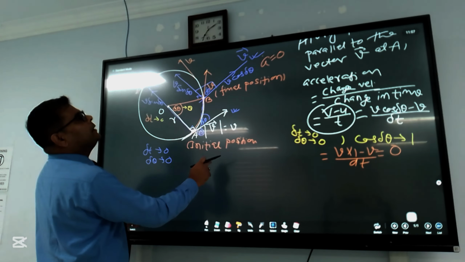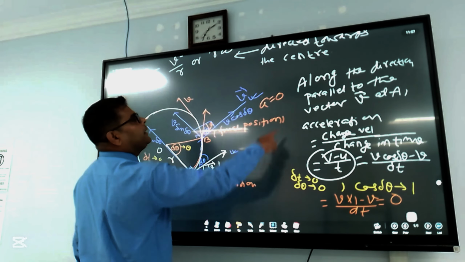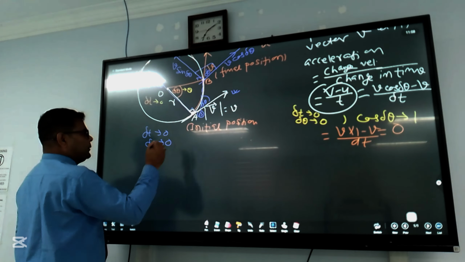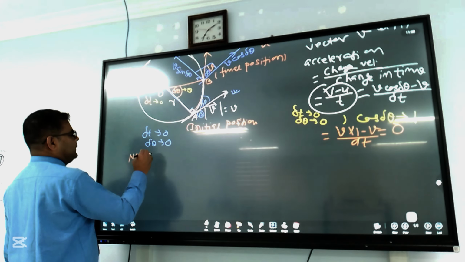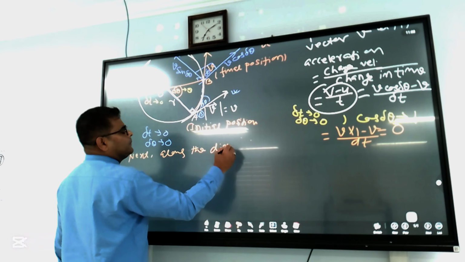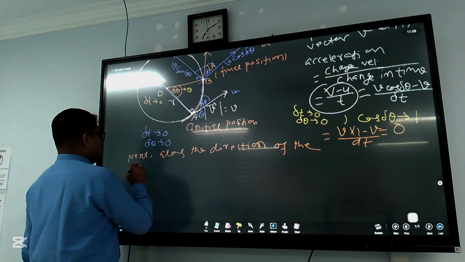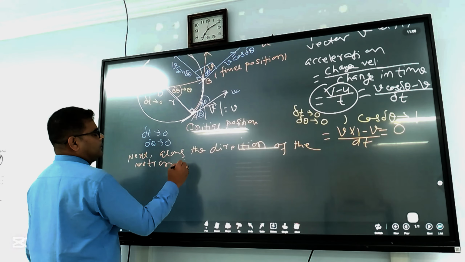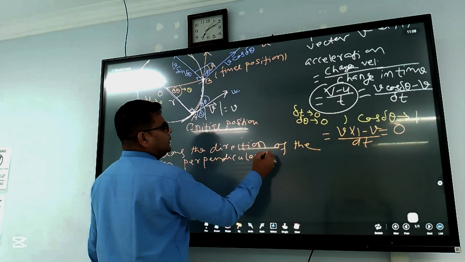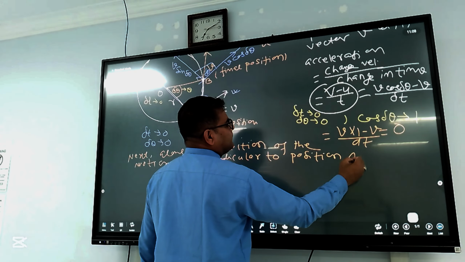You can use the same language: along the direction parallel to the vector v at A. What we write next: along the direction of the motion perpendicular to position, you can say position A. Okay?